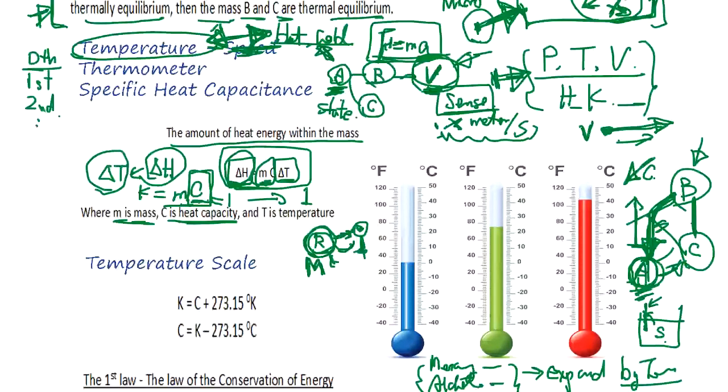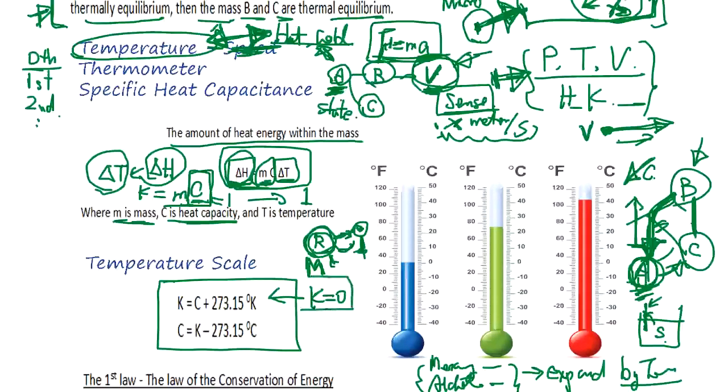So as you know, we have two different scales. K is Kelvin, and K is 0 means absolute zero. You cannot be lower than this. As I said, temperature is the movement of molecules and electrons in the substance, and K is 0 means the movement stops.